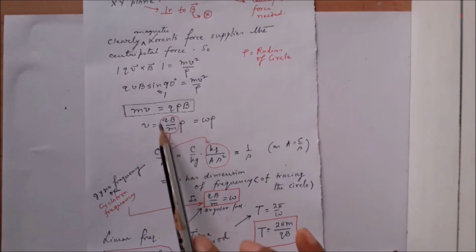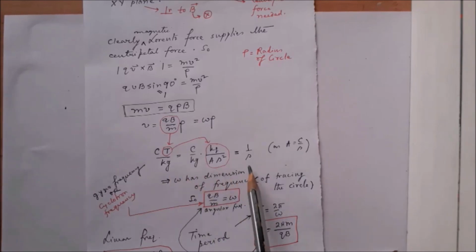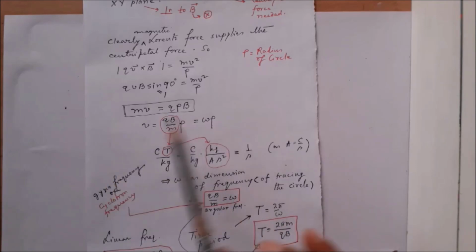Now this factor qB by m represents a frequency, as evident from this dimensional calculation. It has a dimension of 1 by time, or 1 by second is its unit. We call it omega. This is the frequency with which Q circulates in the circular track.